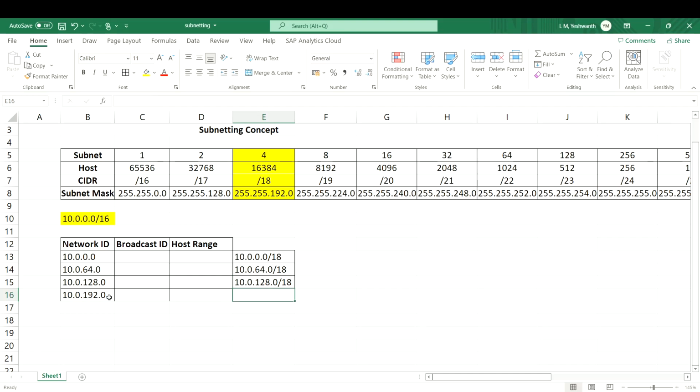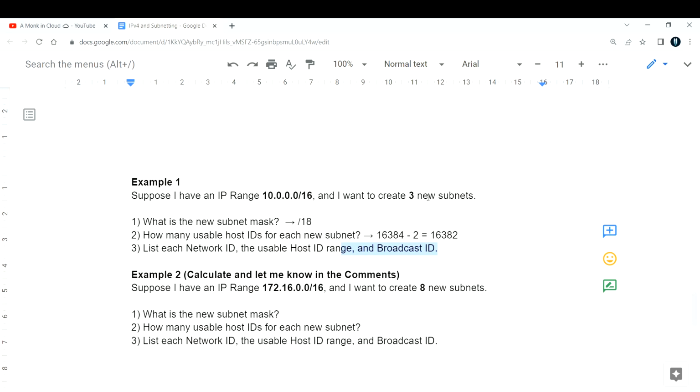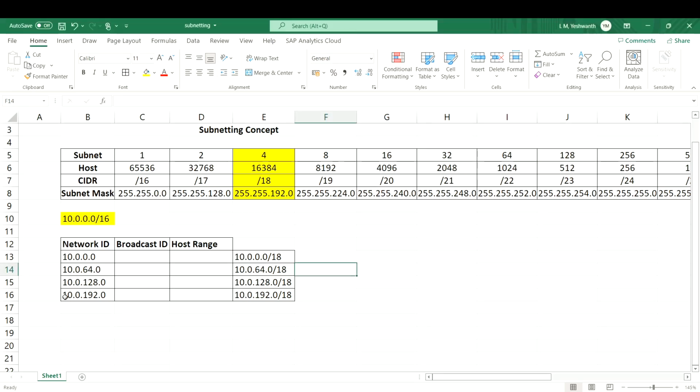And this will be your fourth subnet. Okay, but our question was to have only 3 subnets, but we calculated 4. We can ignore the last part. You can completely ignore it. Our question was to get only 3 subnets. We have satisfied that condition, and we can start using this one.